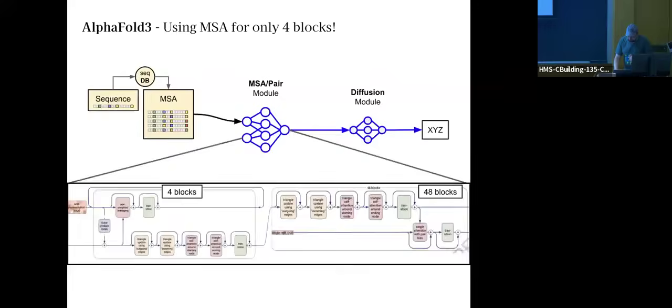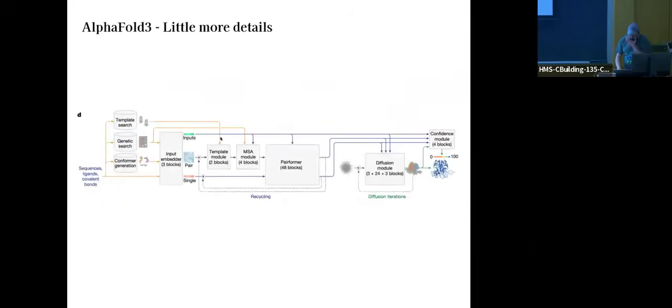Sorry, just to step back a little bit to this big picture plot. You can imagine running this part alone many times, but what they actually did was run this whole thing many times with random seeds and then select. People in the field have shown that to be the case even for AlphaFold2. If you start to mess with the MSA, turn on the dropout, and change random seeds, you can sometimes get a much better solution.